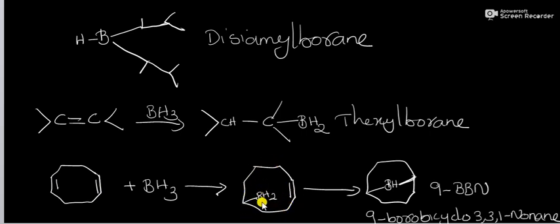So this BH2 then adds to the other olefin also and finally we get this structure, called 9-BBN. It has more applications in reactions of organoboranes, especially in regioselective reactions.